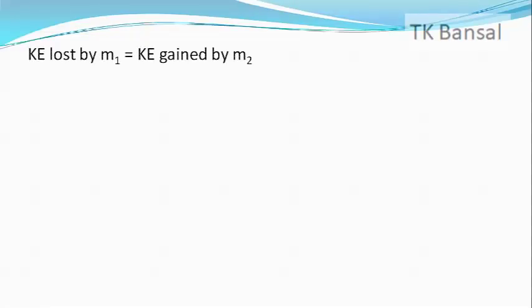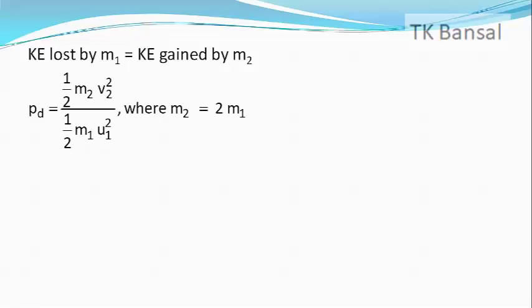Now, in an elastic collision, the kinetic energy lost by the first particle is exactly equal to the kinetic energy gained by the second particle. Therefore, Pd is equal to half m2 v2 square divided by half m1 u1 square, where m2 is equal to twice of m1.